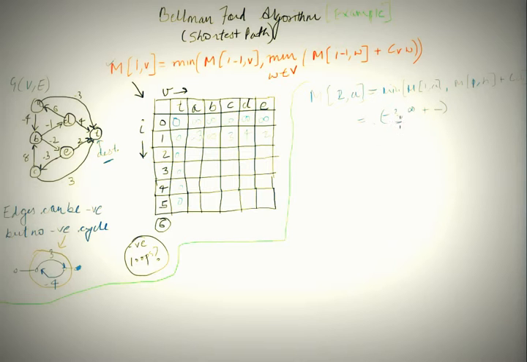The minimum of these two quantities is -3. So I'll put -3 here.